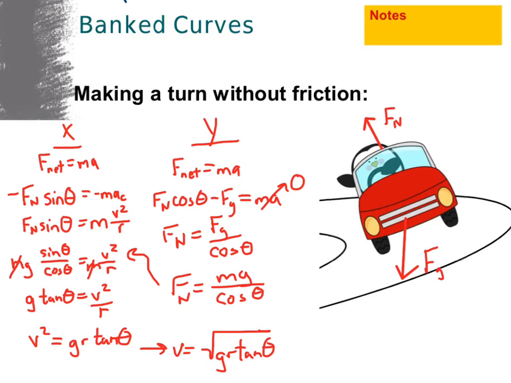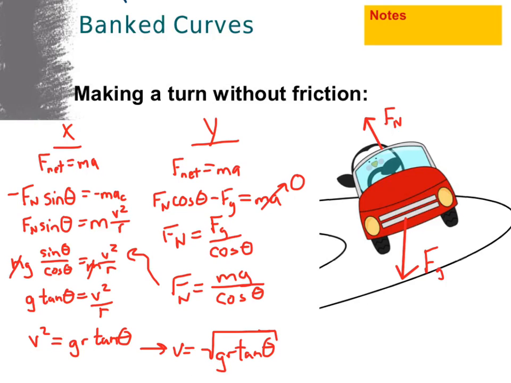Okay, so what this means is that if you're on a frictionless surface and you have a banked turn, you actually have to go a certain speed, otherwise you will slip out of the circle and crash into heaven knows what. So if you want to make a turn on a banked frictionless surface, you have to go at this particular speed.